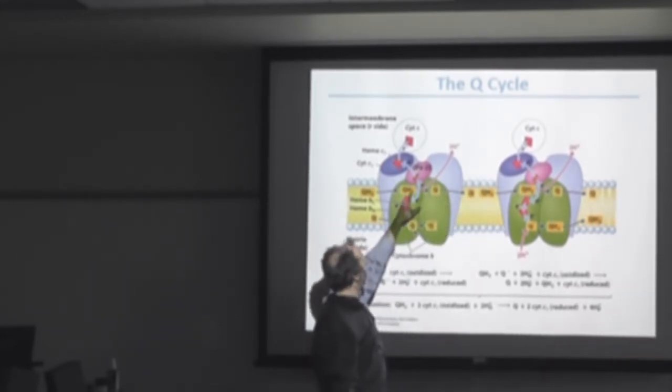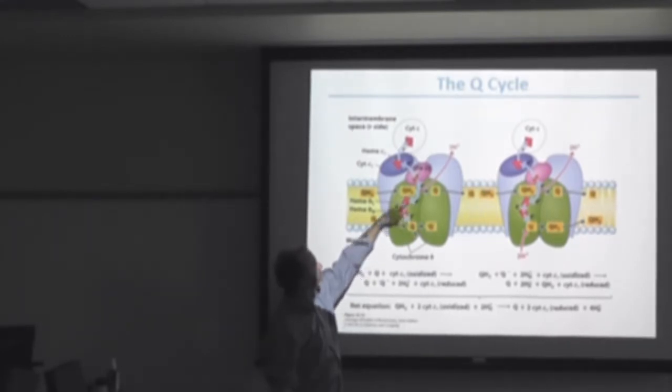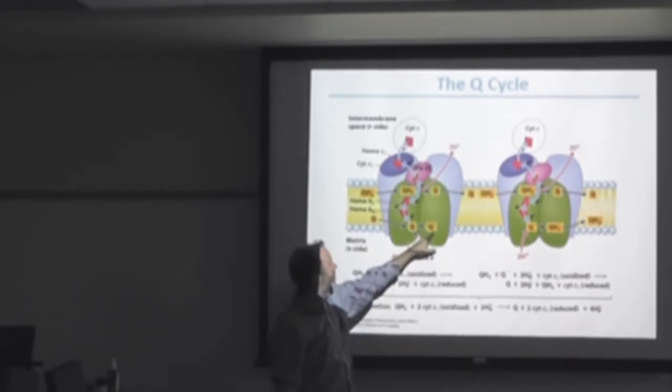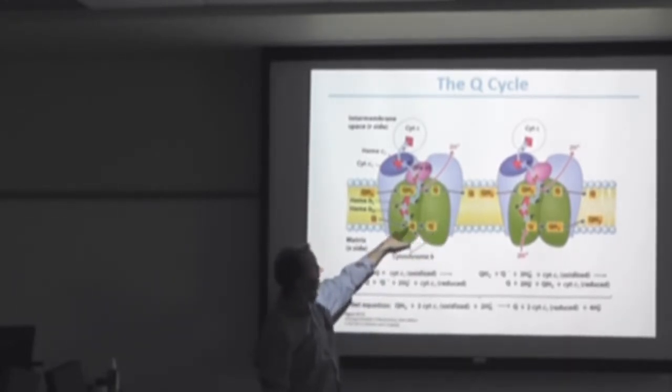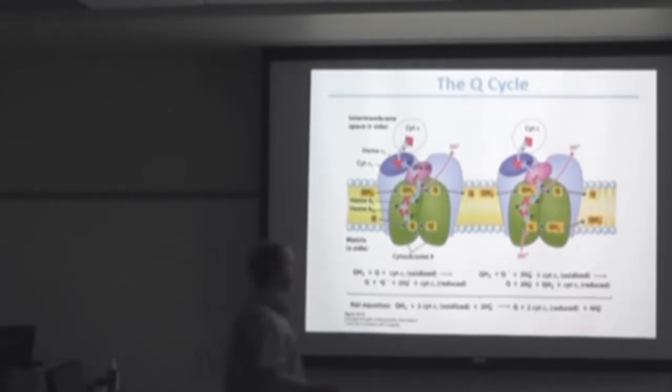into the membrane. The other electron gets transported down through other electron carriers to this site where you have ubiquinone, and you form the semiquinone, and then it goes back to this site as the semiquinone, getting prepared for stage 2 of the Q cycle.